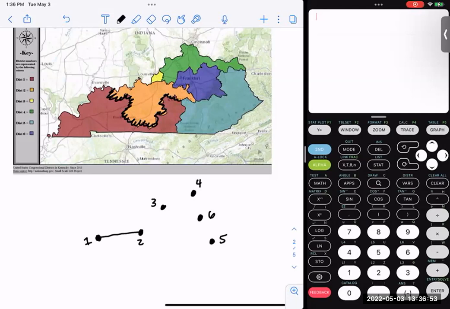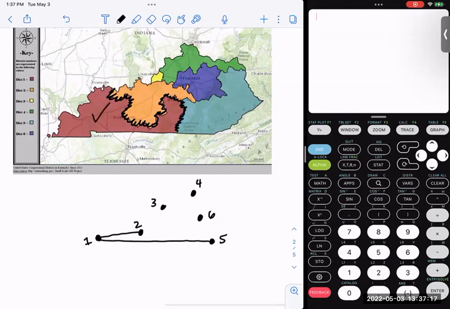So I'm also going to draw one there from 1 to 5. Might move my 2 there just to get it out of the way so I can do that and put my 2 back in. You can always curve your edge too, that works. All right, so that takes care of all of the bordering districts to District 1.